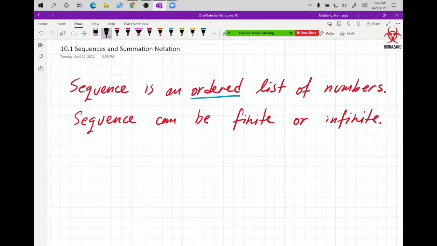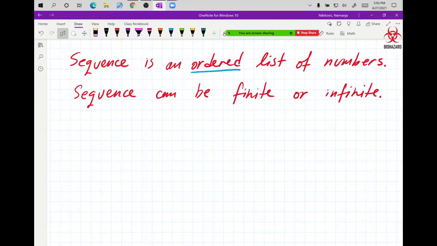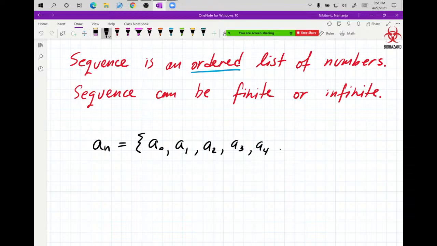So now we can take a look at some basic examples of sequences, and also look at the notation and understand what the word ordered means. So a sequence, as an ordered list of numbers, we're going to say that an can be represented as the set of numbers a0, a1, a2, a3, a4, and so on for infinite.